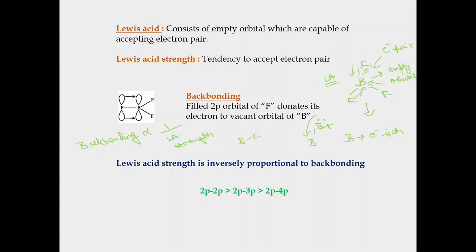So this is the order of back bonding strength. Boron has a 2p orbital, so 2p-2p back bonding will be better than 2p-3p, which will be better than 2p-4p.